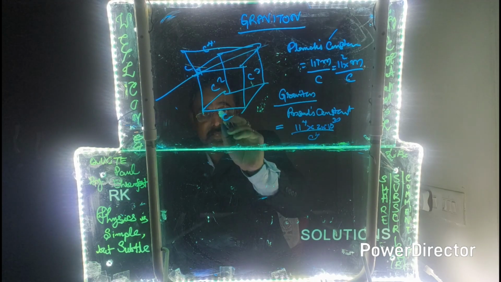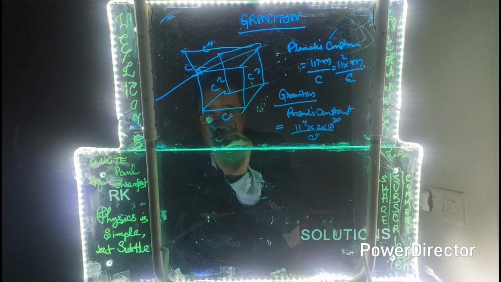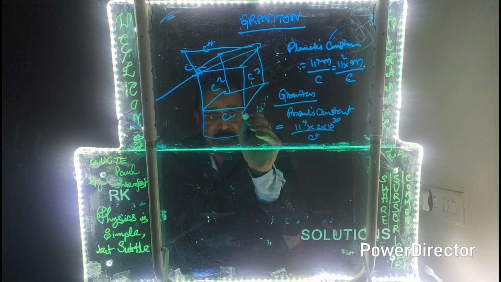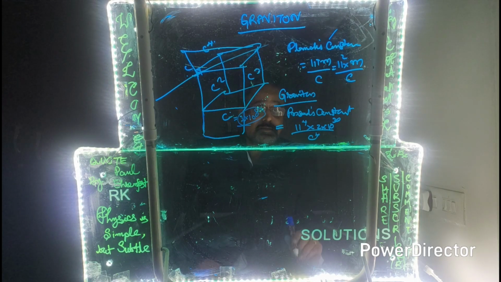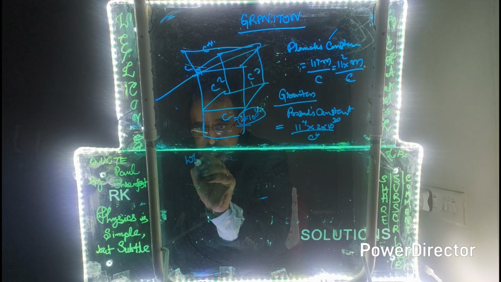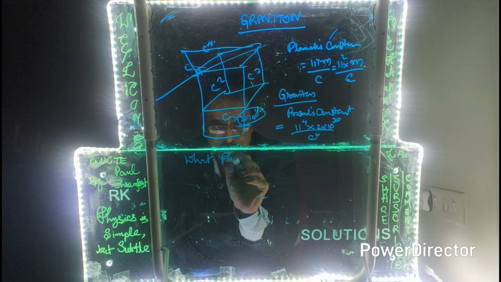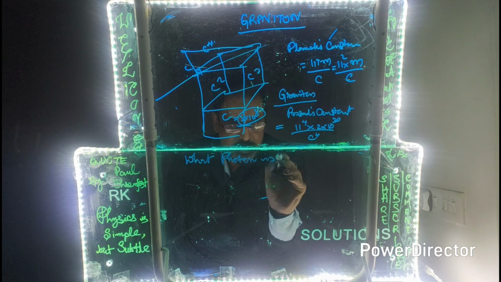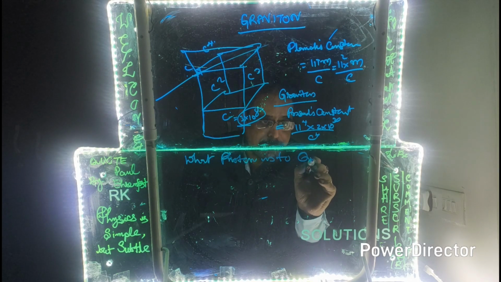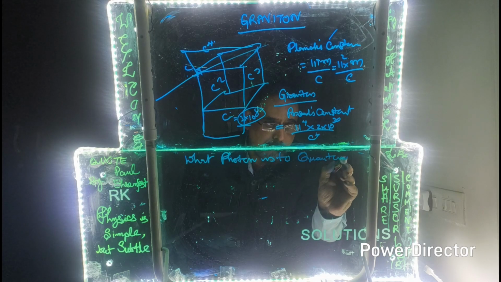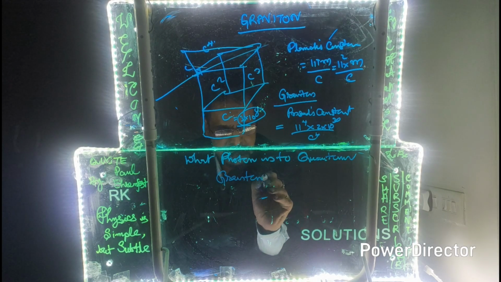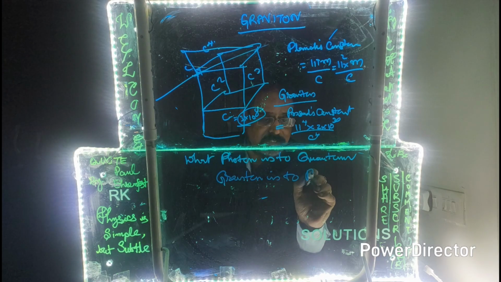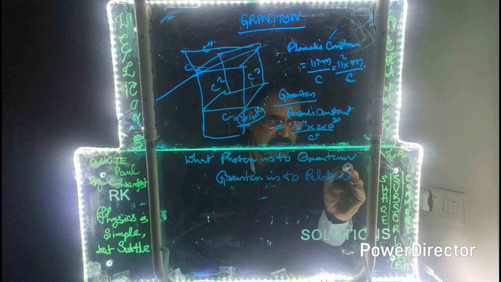So, here, let's say, if you draw the lower one, this is C, 3 into 10 raised to 8, as what photon is to quantum, graviton is to, yeah.